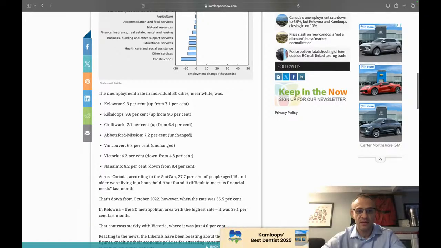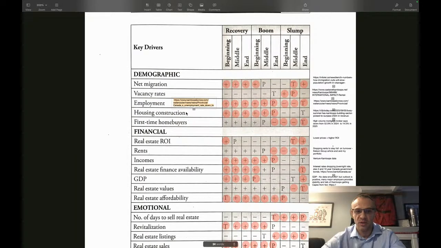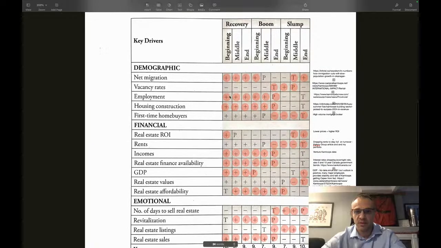Kamloops. Oh, I see. So the unemployment rate in Kamloops did go up, marginally. So unemployment. We can just get rid of these and move this over here because employment is actually down.